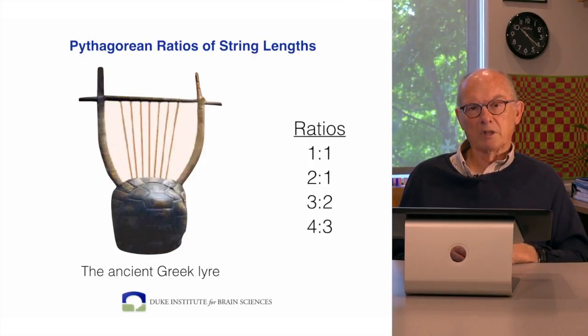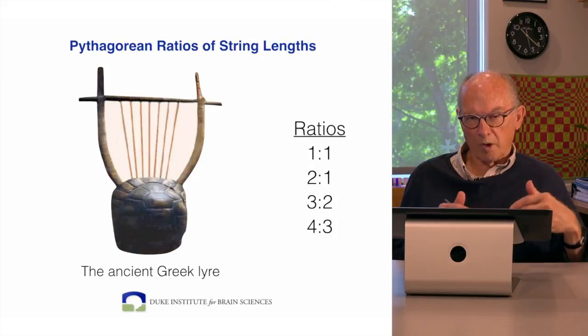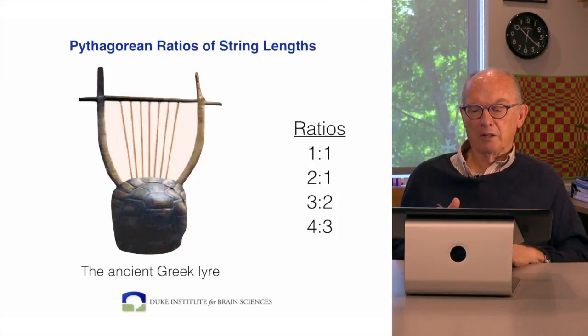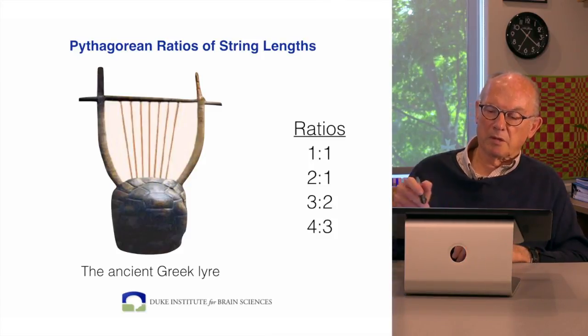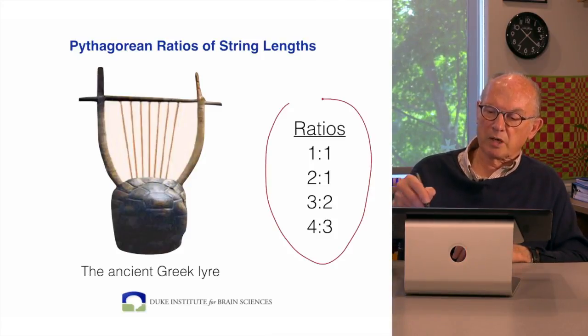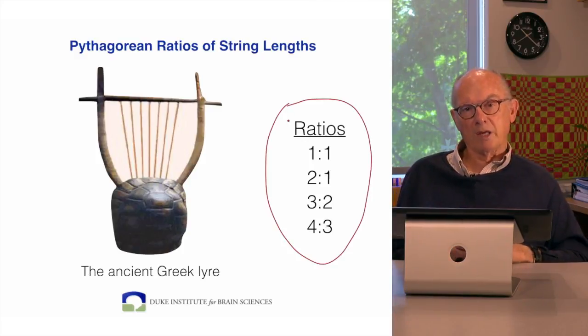And he had a very simple idea of what made music consonant. And his idea was that this was dependent on the ratios of strings, the lengths of strings. And he was half right and half wrong.